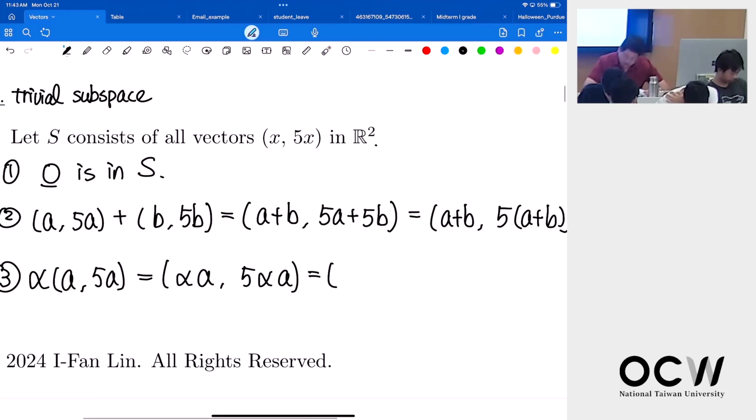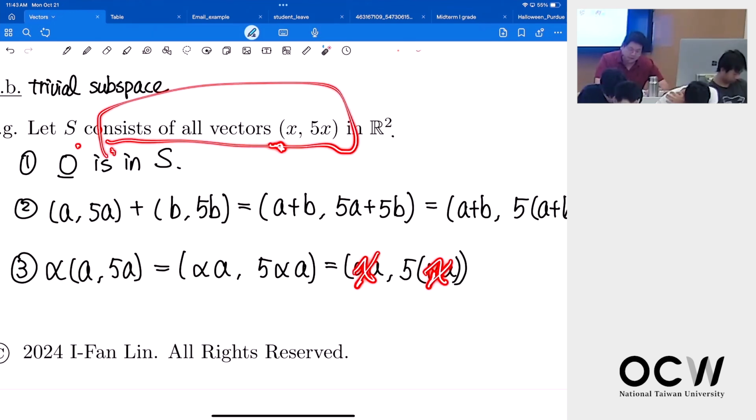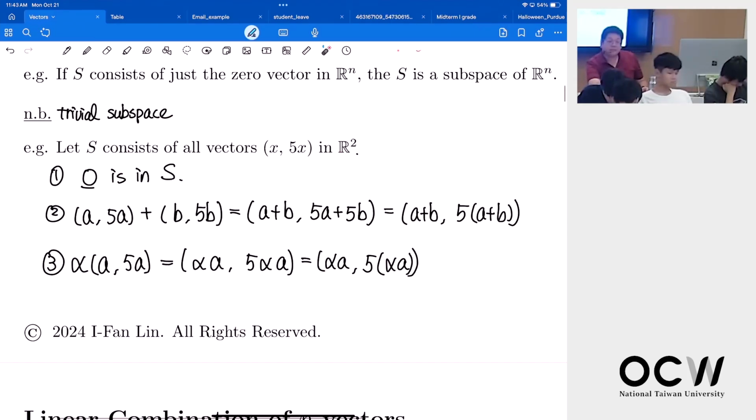Yes, because alpha A you think of as an X, and 5 times alpha A is 5X. So if you define a set with this condition, then we say that this S is a subspace of R2. Okay, any questions for this one?